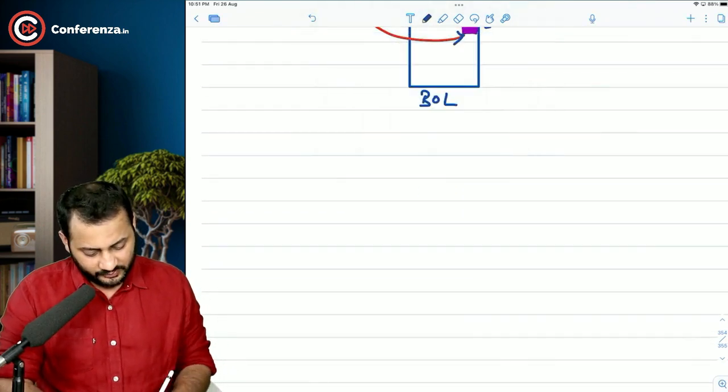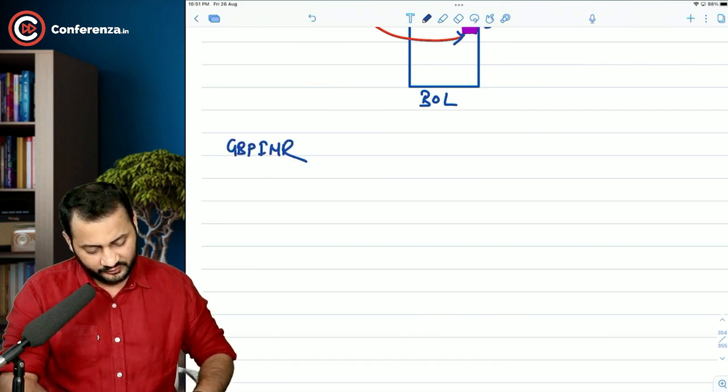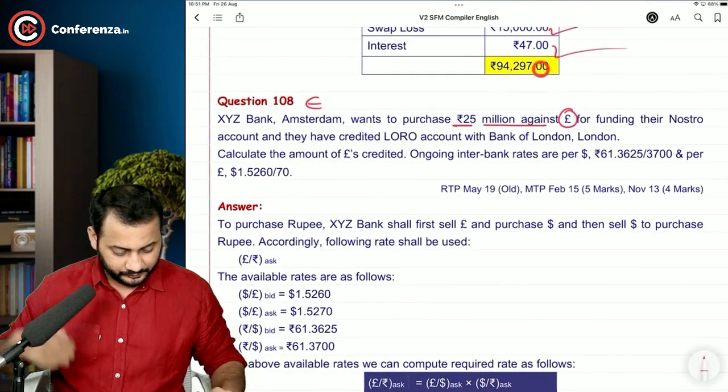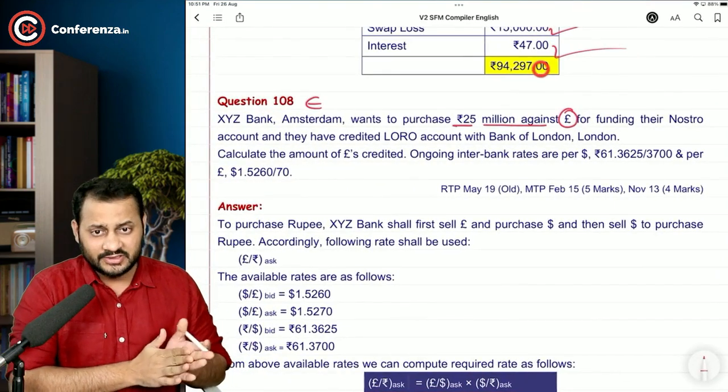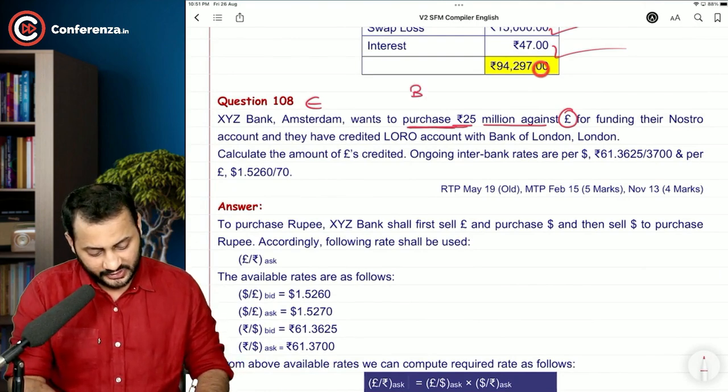That was just a story, but now we need the GBP INR rate. And if there is a bid and ask problem, then it will be a, yeah. So XYZ Bank wants to purchase rupees. So XYZ wants to buy rupees, that means sell GBP.